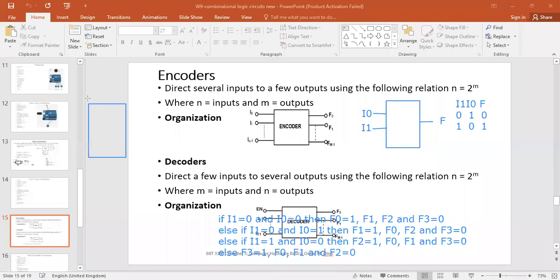This is a 4 to 2: 1, 2, 3, 4 inputs, and 2 outputs. What are they supposed to be? We have F0 and F1.